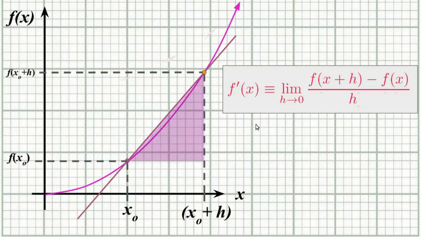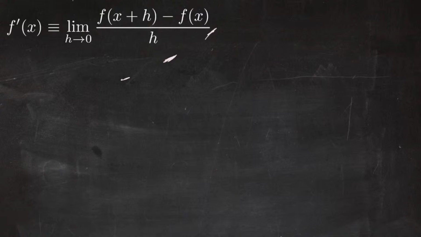So we want to take a look at how to apply this derivative definition, the definition of the derivative from last time, to actually find that function. So here's the definition written down. Let's suppose that the function we're considering, f of x, is x squared. So we want to plug that into the definition.